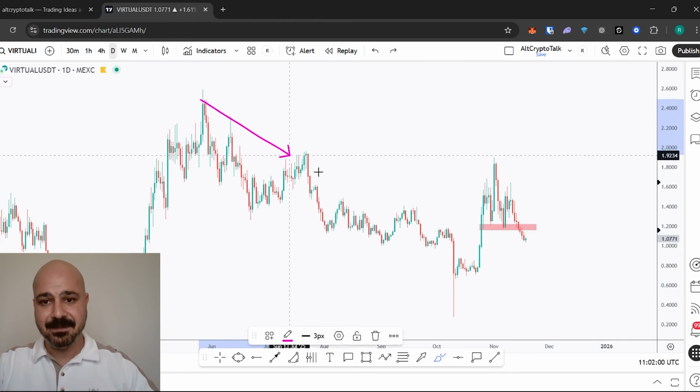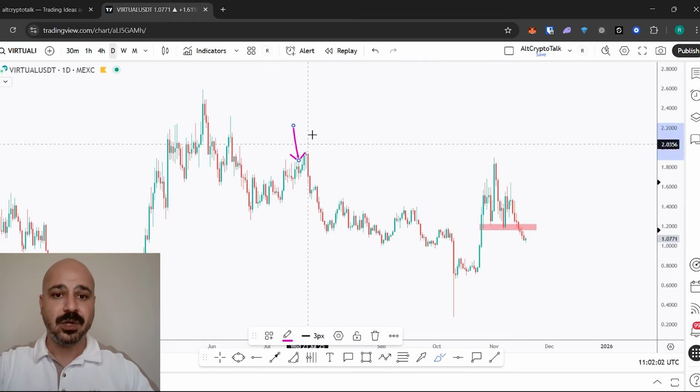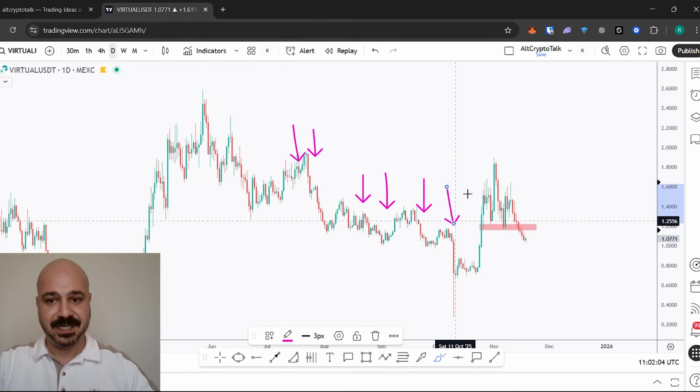And in this big bearish trend, we of course were looking for trend following shorts.